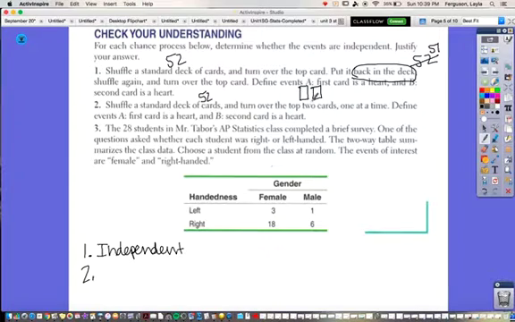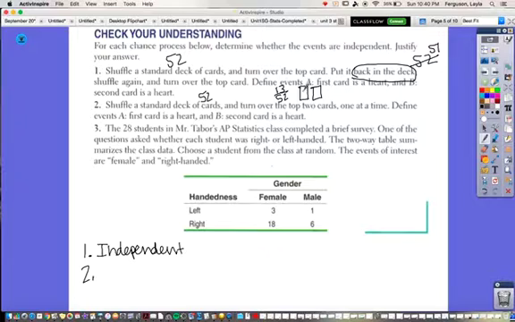Whenever we draw those 2 cards, we're going to look at one card first, and then we're going to look at the second card. So for the first one, the probability that we choose a heart, we know that there are 13 hearts in the deck, so the probability for the first one would be 13 out of 52.